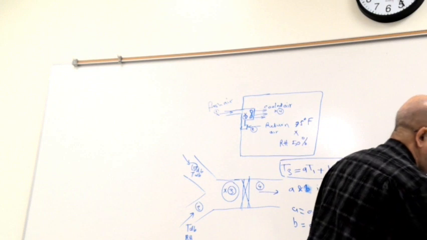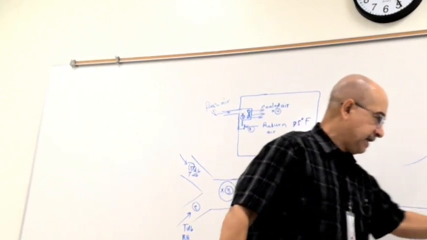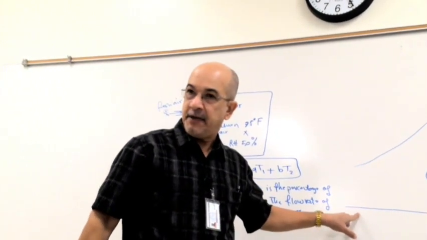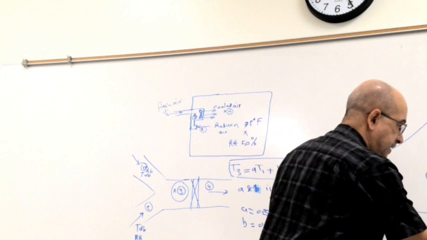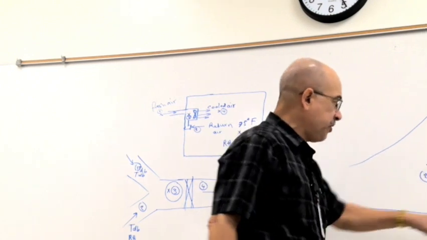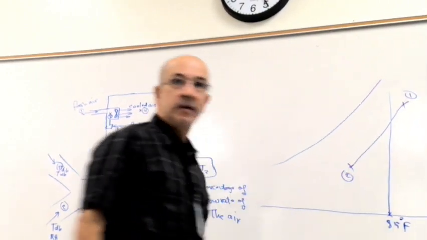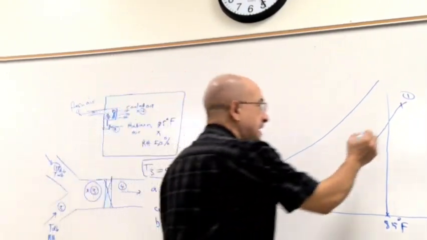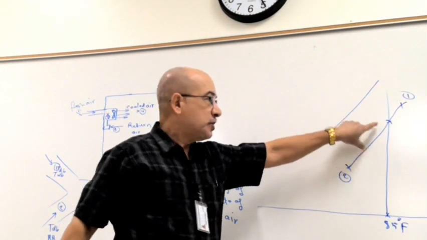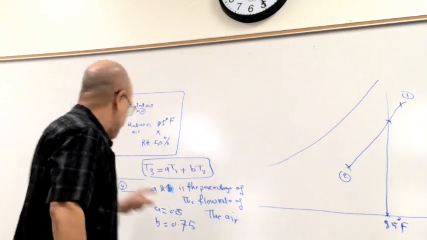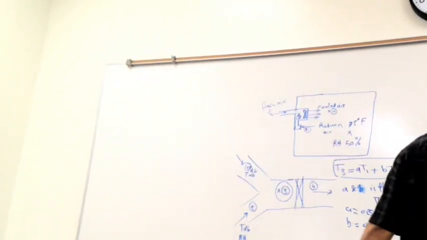We go to the horizontal axis, which represents dry bulb temperature, and find 85 degrees Fahrenheit. From this point, we draw a vertical line. When this vertical line intersects with our process line, this is point number 3.